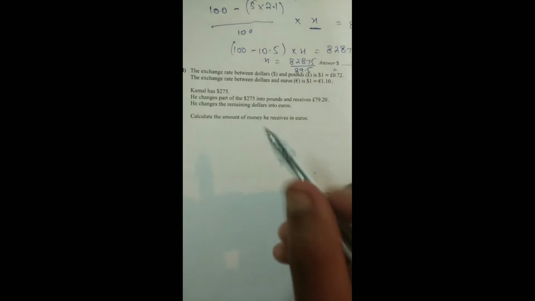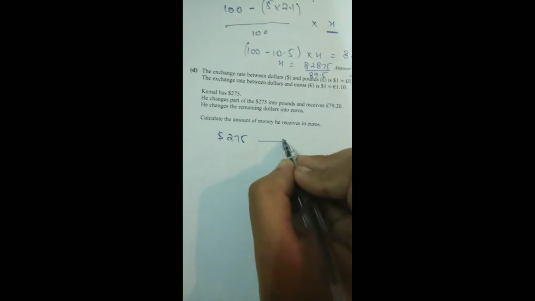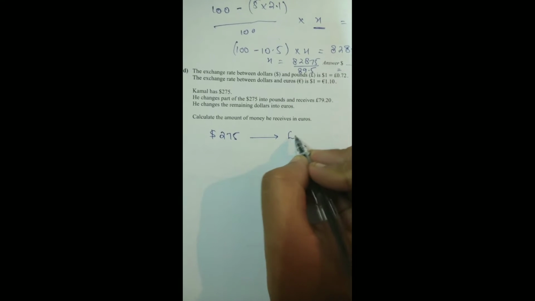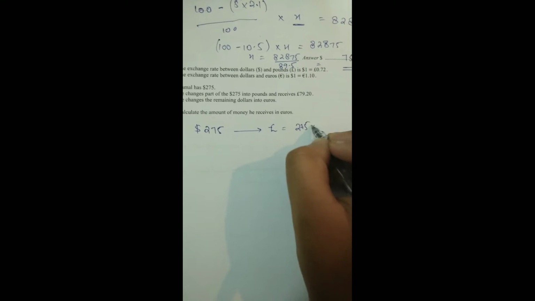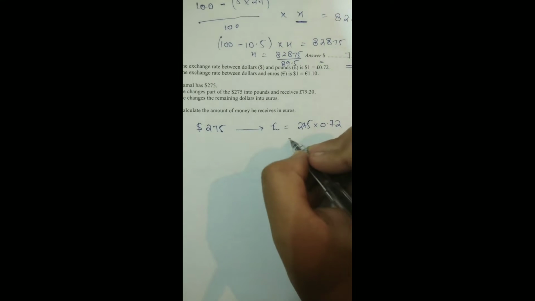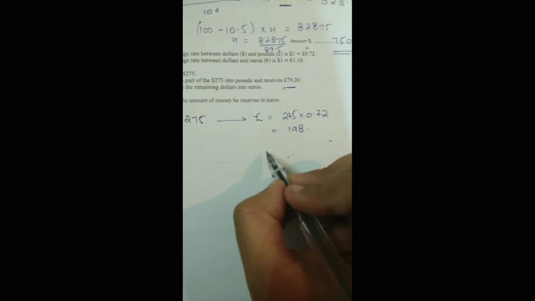Look, if he changes the whole dollar 275 into pounds, what will it be? 275 multiplied by 0.72, that is 198. But he got 79.2, so we will subtract 198 minus 79.2.